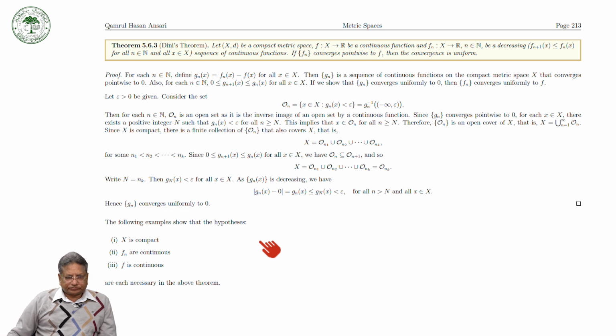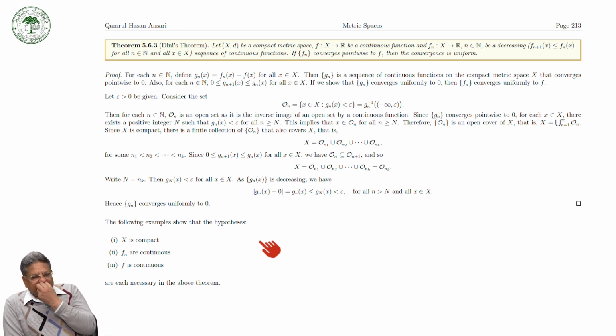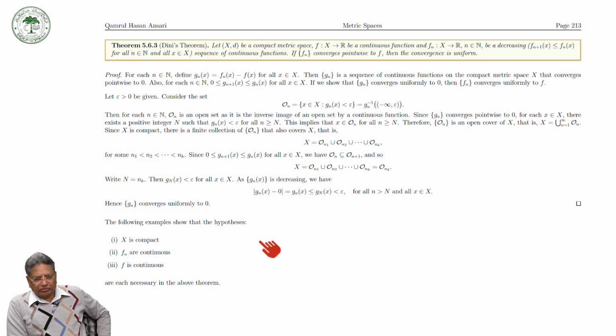Now, the following example shows that the hypotheses of Dini's theorem, where we are considering X is compact, Fn are continuous and F is continuous, are each necessary in the above theorem. So it means that in the above theorem, if X is not compact, the Dini theorem does not hold good.